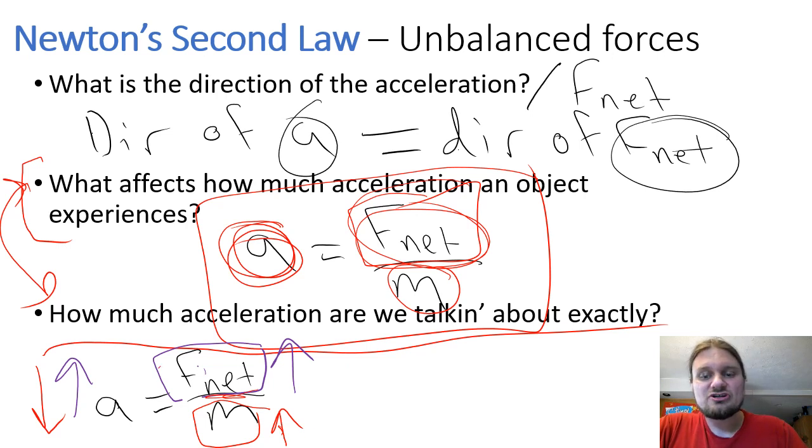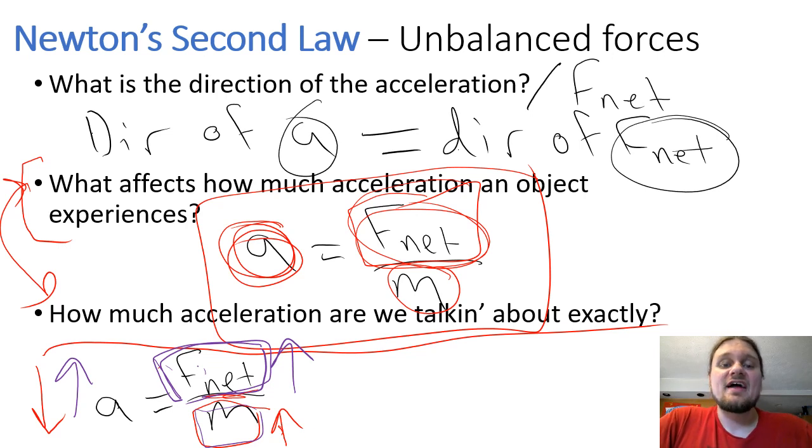If you're trying to push on something with some amount of force and it has a lot of mass, your acceleration will not be that great. But if you put more force into that same object, you're going to accelerate it faster. The harder you push on it, the faster it accelerates.